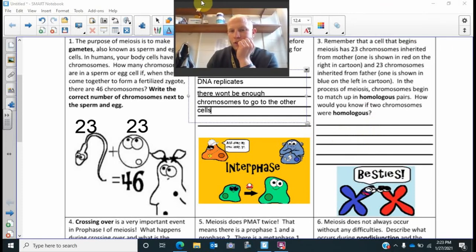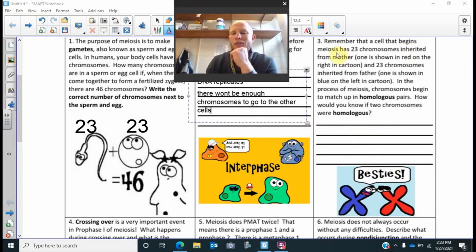And over here it says, remember that a cell that begins meiosis has 23 chromosomes inherited from mom, one is shown in red down here, and 23 from the father, which is shown in blue on the left. In the process of meiosis, chromosomes begin to match up in homologous pairs. How would you know if two chromosomes are homologous?